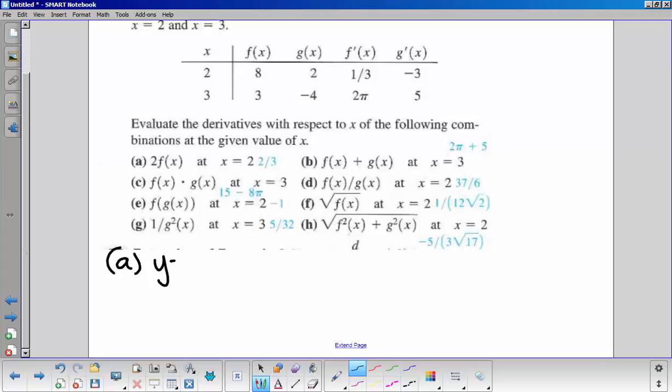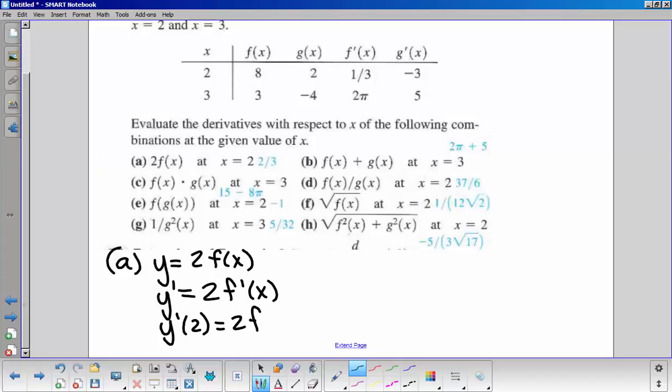So we're going to let y equals 2f of x, and what is then the derivative of this? Y prime is going to be 2 times f prime of x, right? And they want us to evaluate this when x equals 2. So we want y prime of 2, which is going to be 2 times f prime of 2.